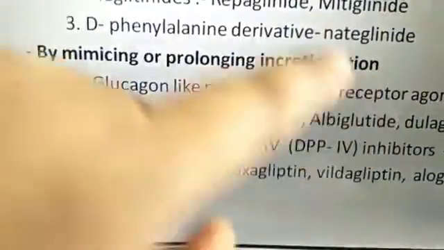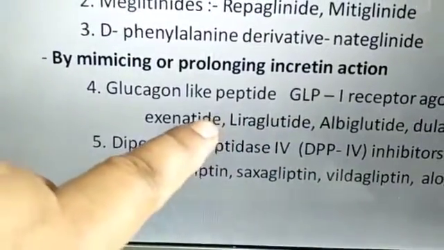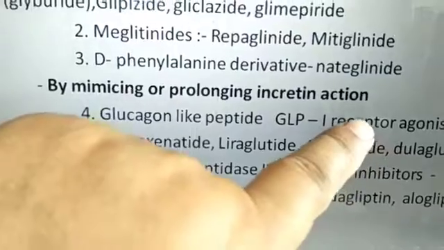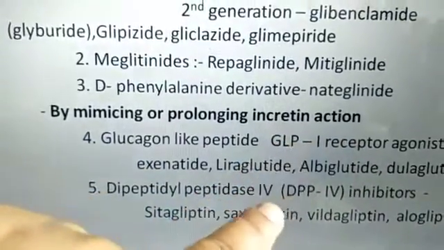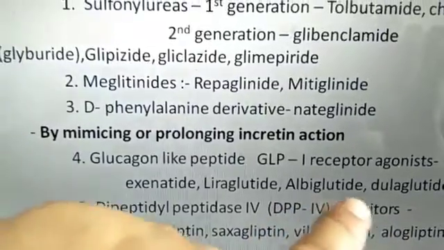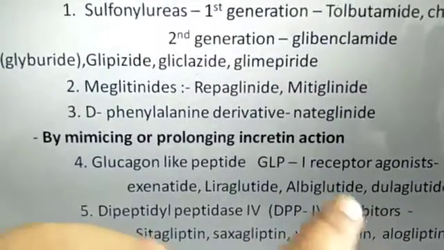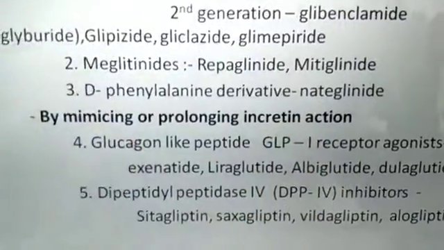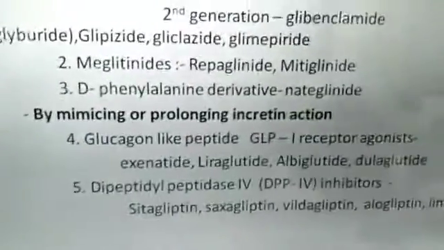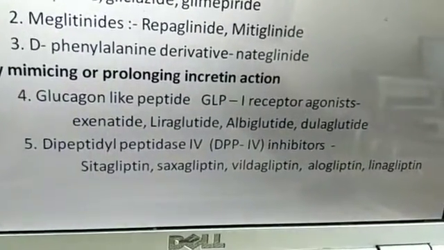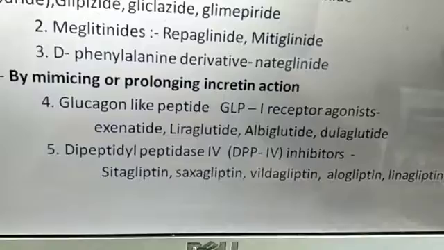So either we give drugs which work like GLP on its receptors, or we give dipeptidyl peptidase 4 enzyme inhibitors, which inhibit the metabolism of this incretin. These DPP4 inhibitors are sitagliptin, saxagliptin, vildagliptin, alogliptin and linagliptin.